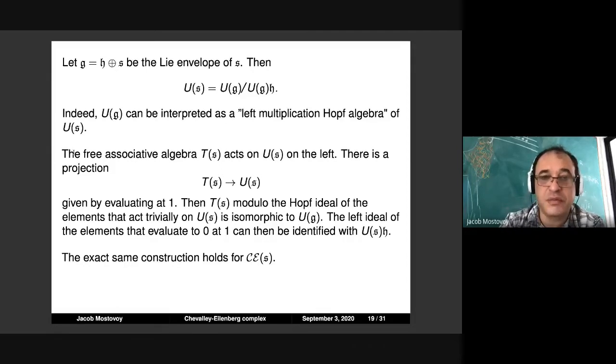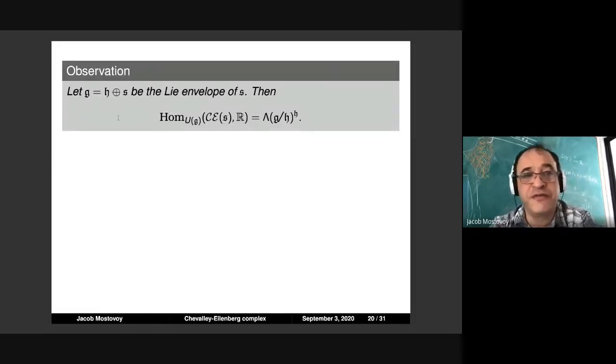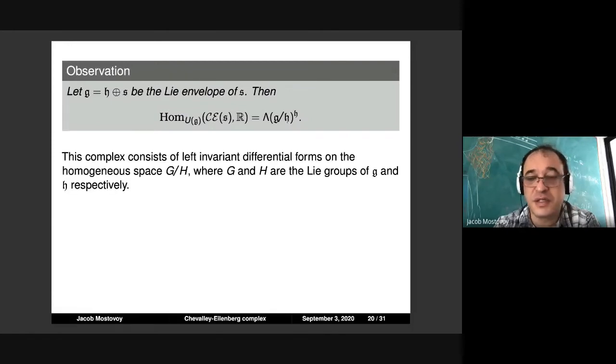Let me move faster. What we have is that we can interpret this complex that we get basically as invariant forms on the homogeneous space G modulo H. This is something extremely classical, and it might be even a bit disappointing that we were doing some non-associative algebra and we got back to something classical from homogeneous spaces.